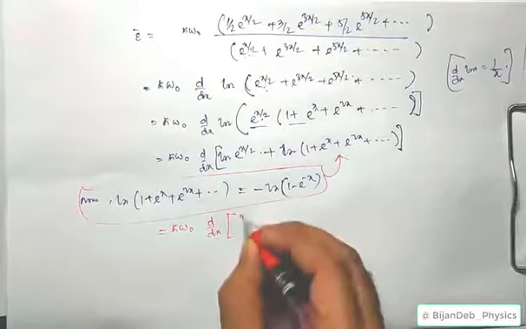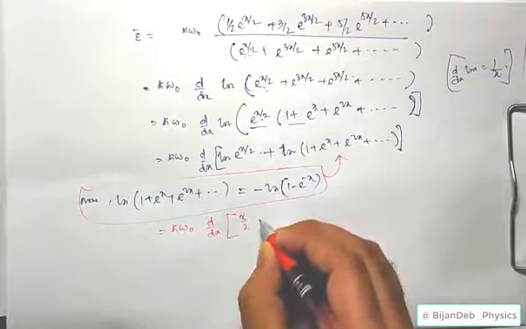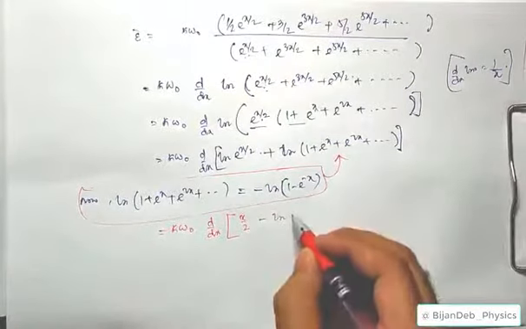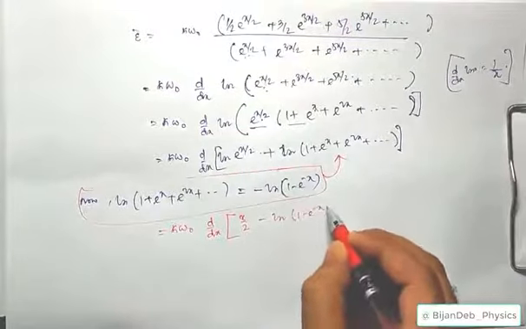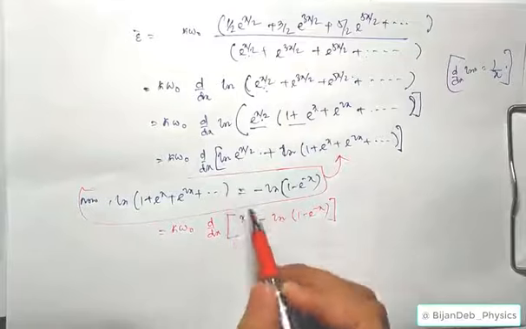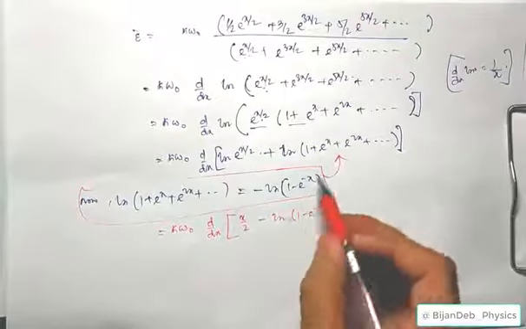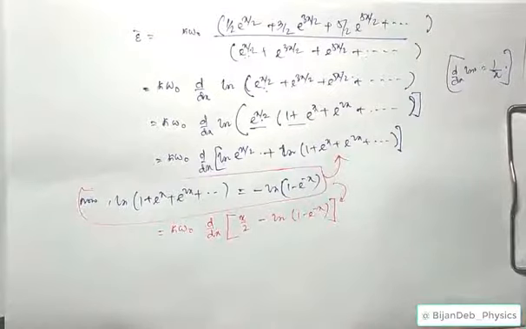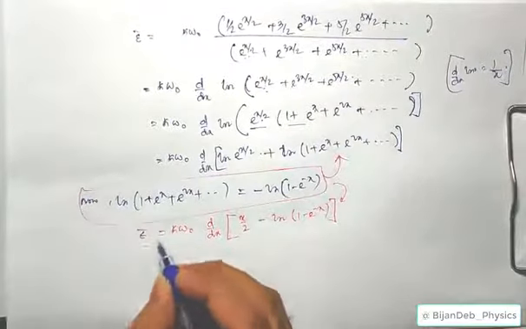We will get x by 2 minus ln of 1 minus e to the power minus x. Okay, so ln and e will get cancelled. We will simply have x by 2 and this will be this term. So you just substitute in this expression. So you get this. So this is again average energy.